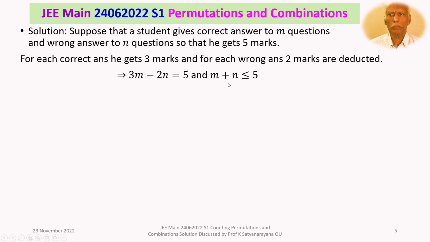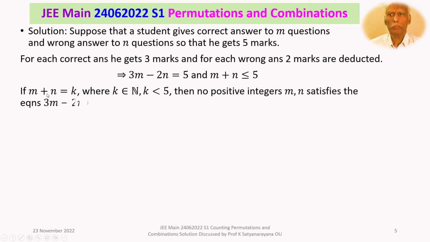If m plus n is equal to k, where k is a natural number less than 5, then no positive integers m and n satisfy these 2 equations, that is 3m minus 2n is equal to 5 and m plus n is equal to k.